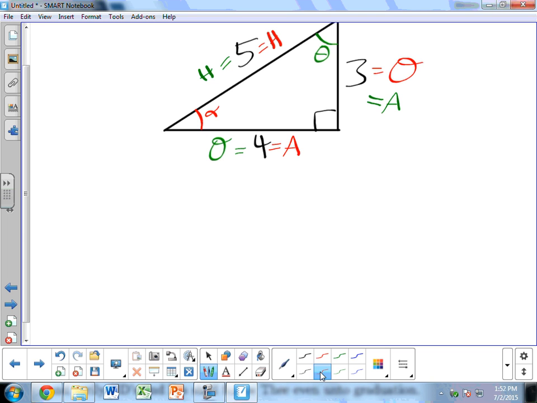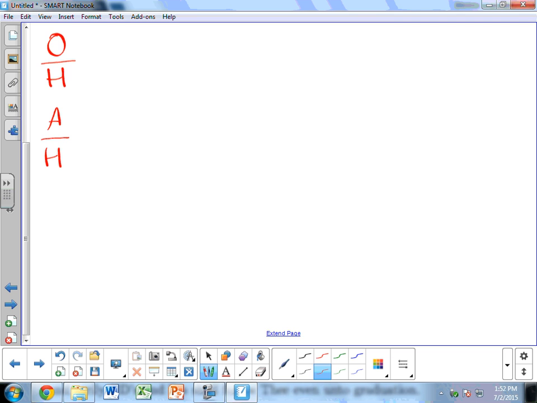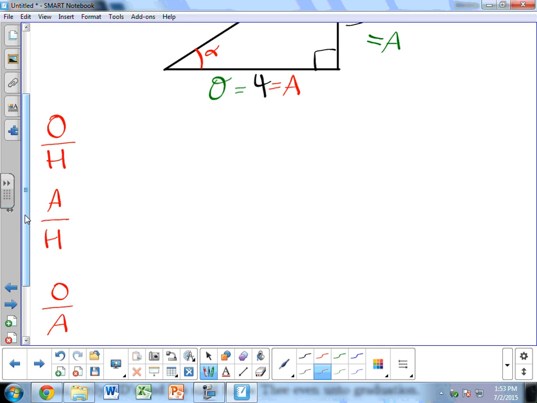So we could use any of the 3 combinations. We could use the opposite over the hypotenuse, adjacent over the hypotenuse, or opposite over adjacent. The opposite over the hypotenuse is the sine of alpha.